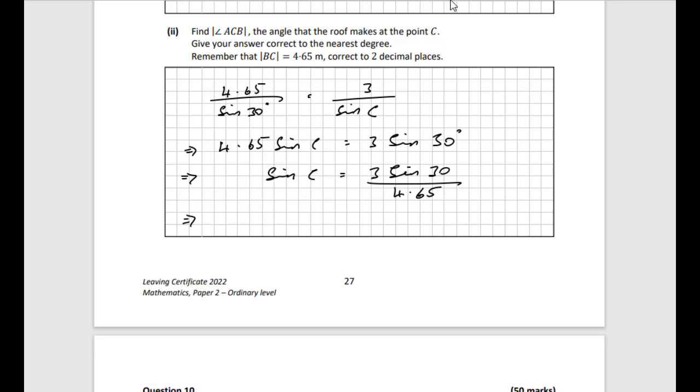Now, when you do that, you get the sine of C is equal to 0.3225806, and it goes on forever. So that means C then is going to be sine inverse of this thing here. Now we've got to do it to two decimal places, so you get 18.82 degrees, and that's to two decimal places.